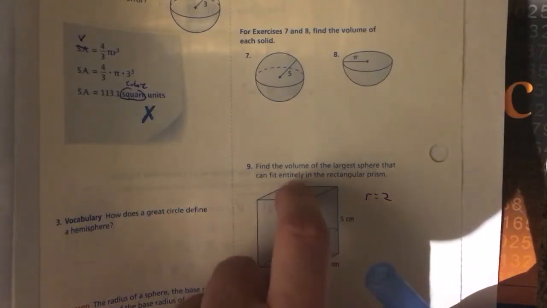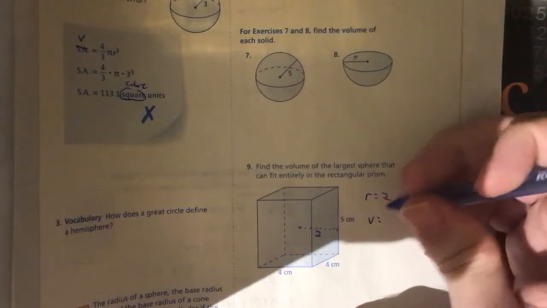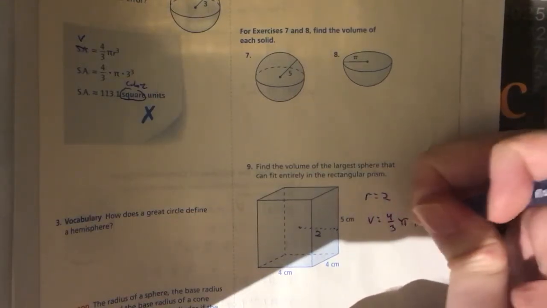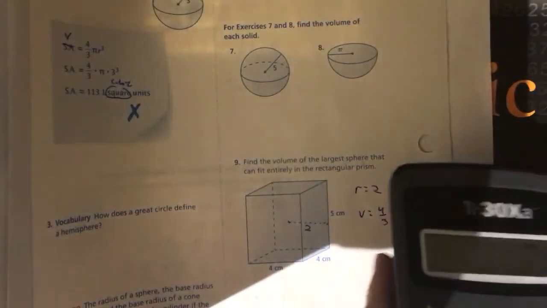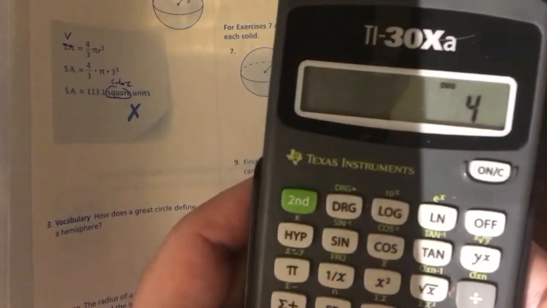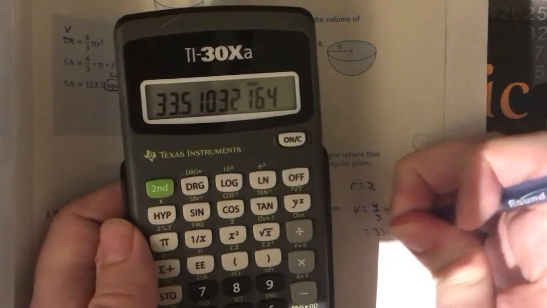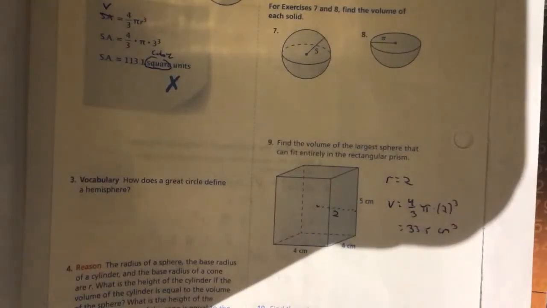It won't take up the entire space up and down, but it will fit. So volume equals 4/3 pi r cubed, which is 2 cubed, and 2 cubed is 8, so it's 8 times pi times 4/3, and that gives me 33.5. The units are centimeters cubed.